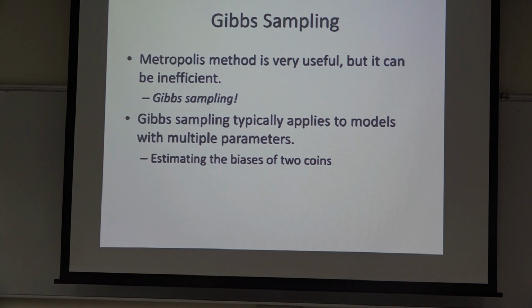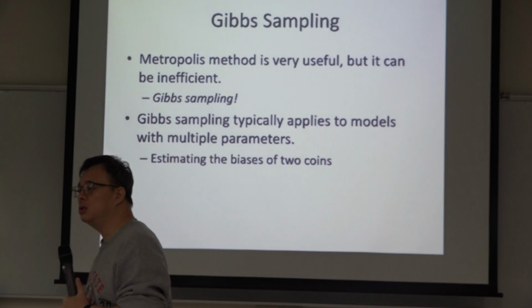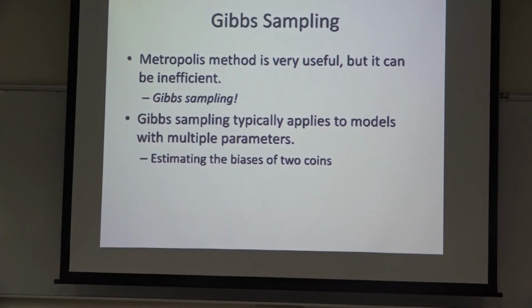Gibbs sampling normally does not apply to models with only one parameter. Why do I say that? You will see exactly what Gibbs sampling does in the next few slides, and you will understand why I say that. Okay, let's use an example.